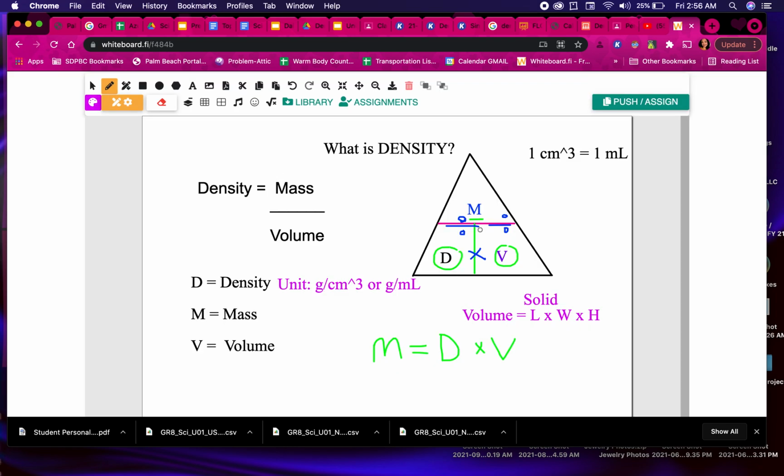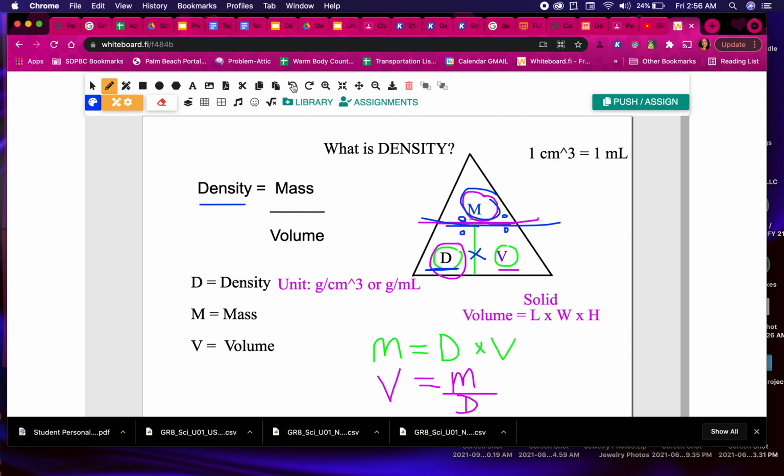Anytime you want to represent volume, you will take mass and divide by density. And anytime you want to represent density, you take the mass and divide by the volume, which is what I have as my original formula.